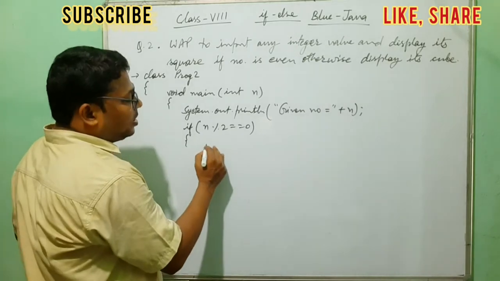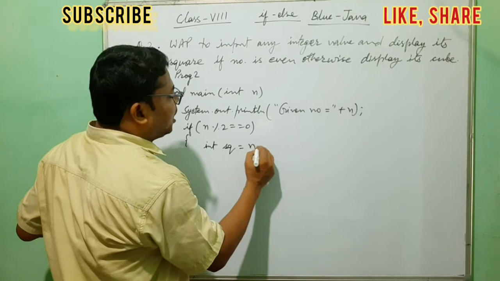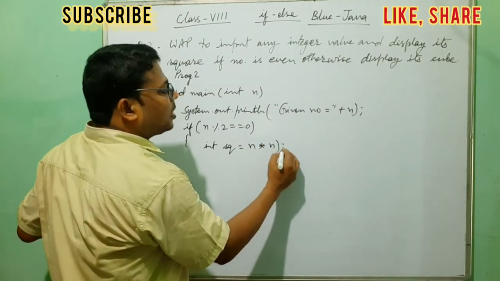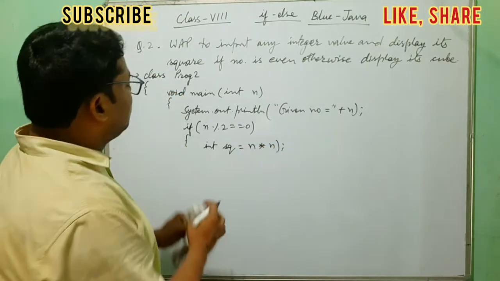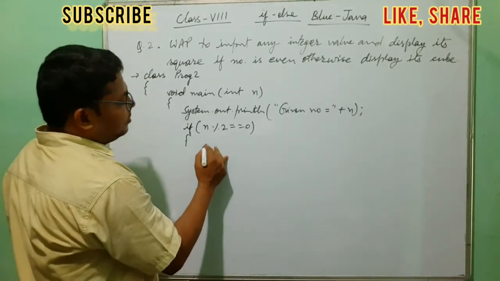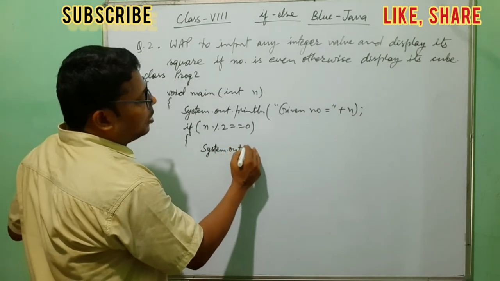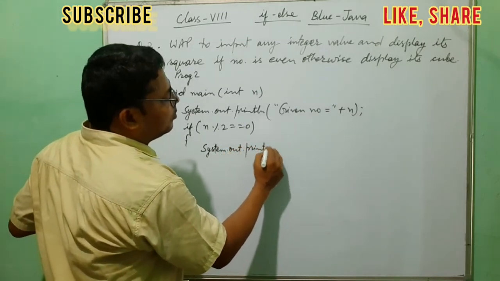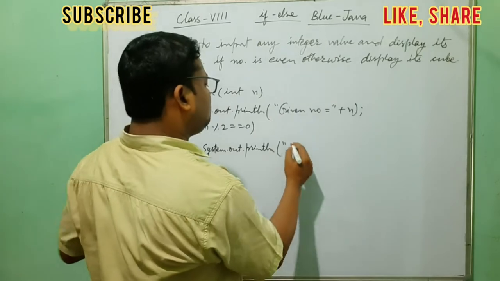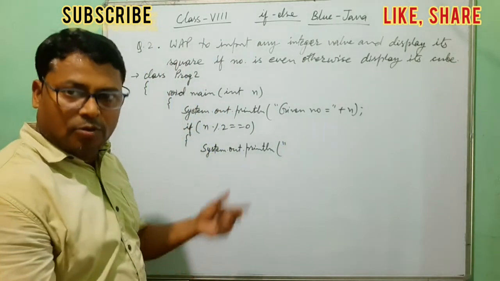We will calculate the square: int sq is equal to n into n. One more thing, you can also write this statement directly, System.out.println, so n is even number and its square value, you can write also.